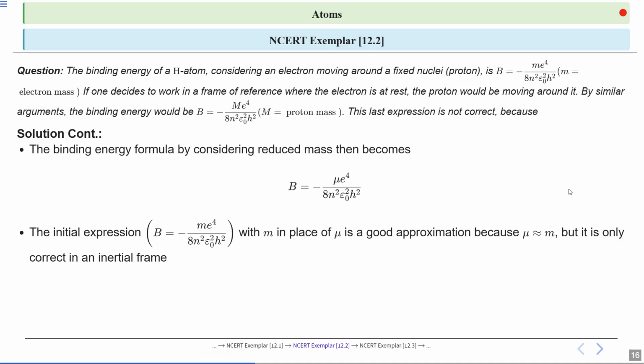However, this formula is only strictly correct in an inertial frame where the nucleus is considered fixed. Now, if we try to use the proton mass capital M in the formula, we run into a problem. This approach assumes the electron is fixed and the proton moves, but that is a non-inertial frame. The laws of physics, especially for energy calculations, only work correctly in inertial frames. So using capital M here is not valid.